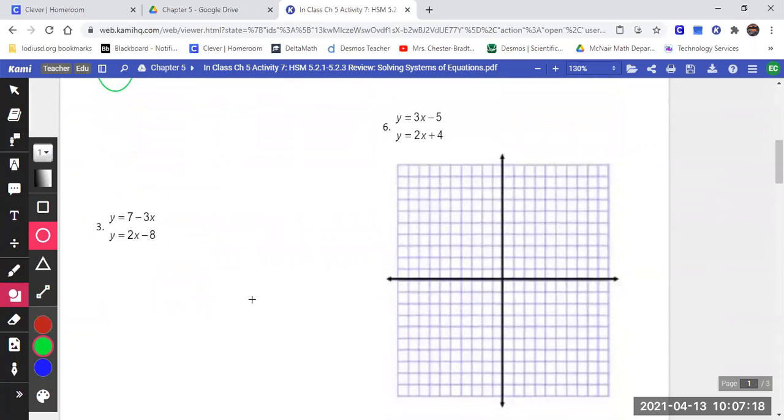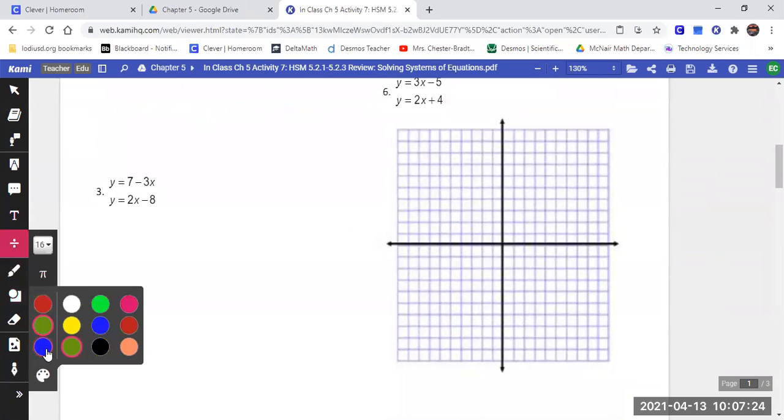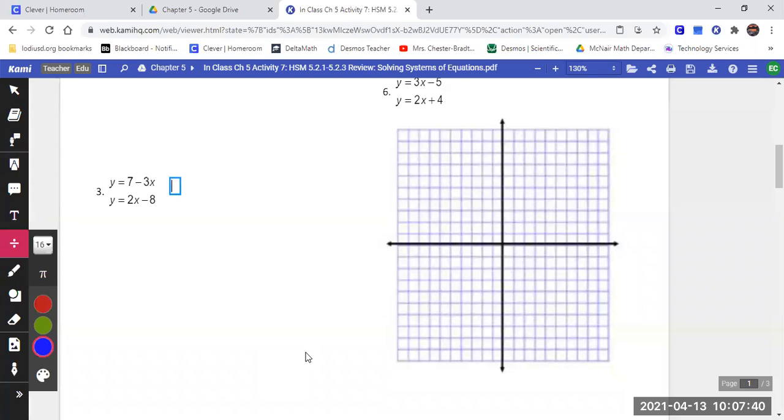So are both of these equations in the right format? No, which one's not in the right format? First one, how can we rewrite it in the right format? Because we want the right format.